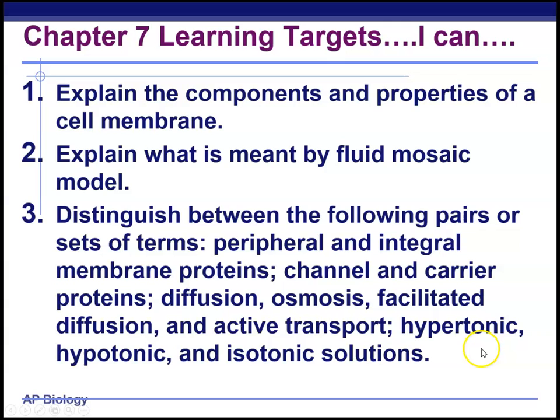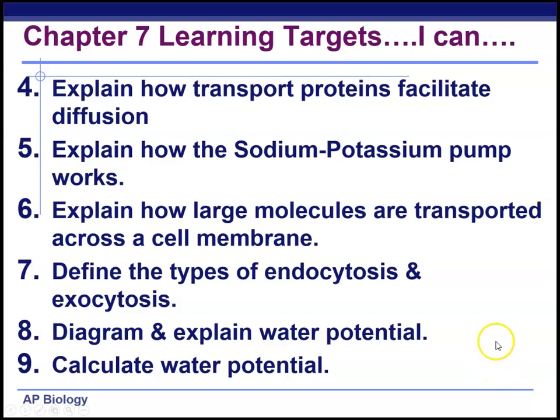And the words hyper and hypo and isotonic, those types of solutions. Explain how transport proteins facilitate diffusion. We haven't got to number 5 yet, but we will look at a specific case of the sodium-potassium pump.